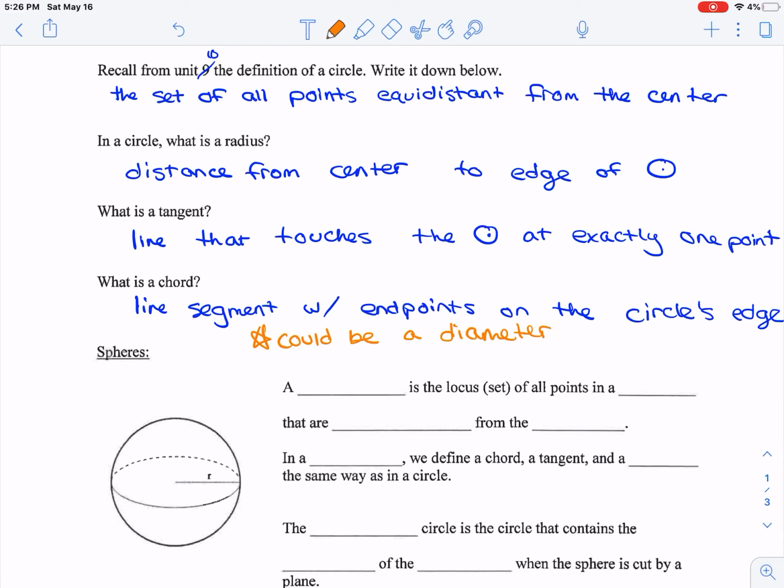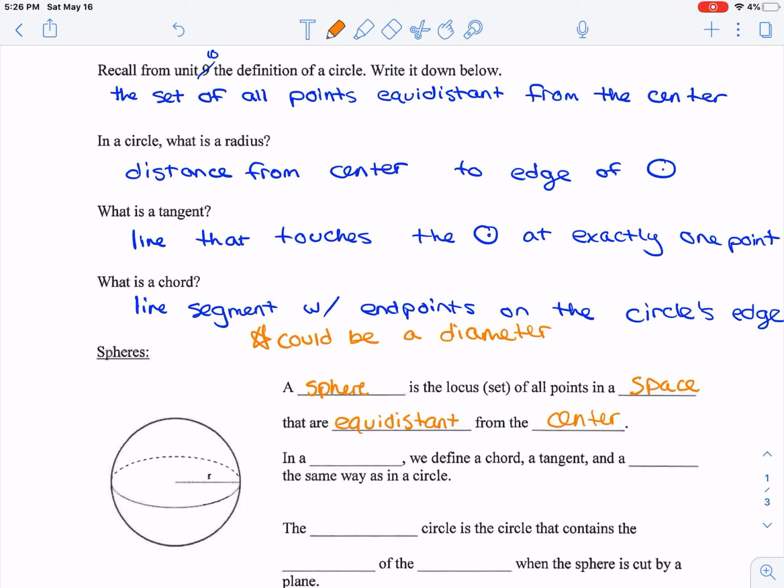So moving on to spheres now, a sphere is the locus, which is just another word for set, okay? The set of all points in a space that are equidistant from the center.